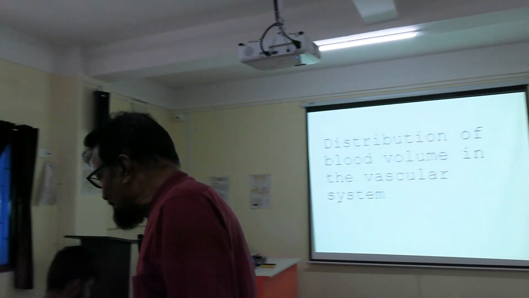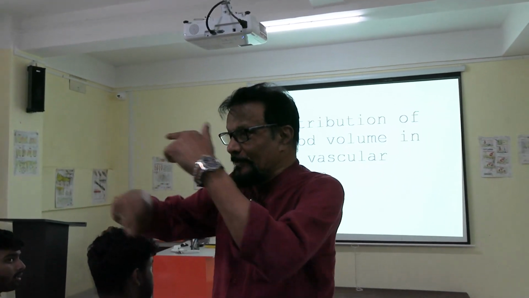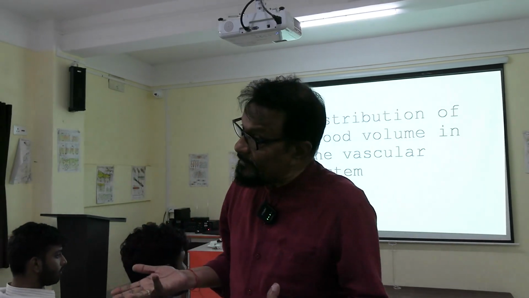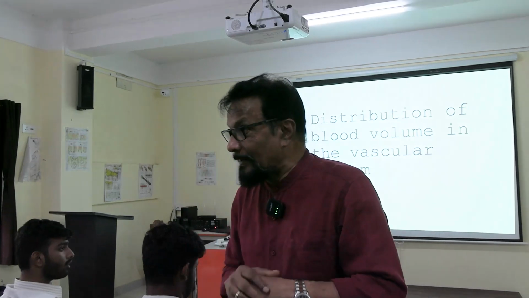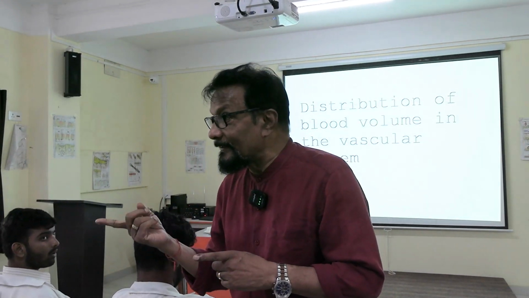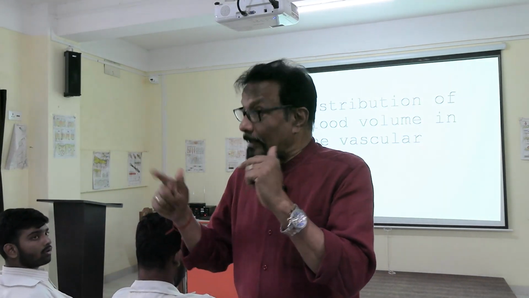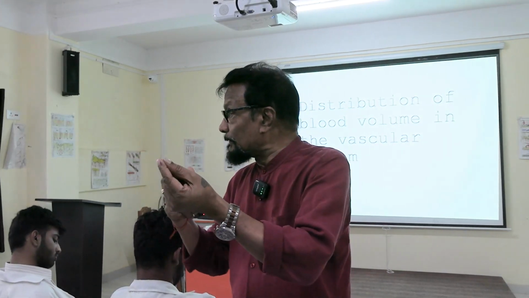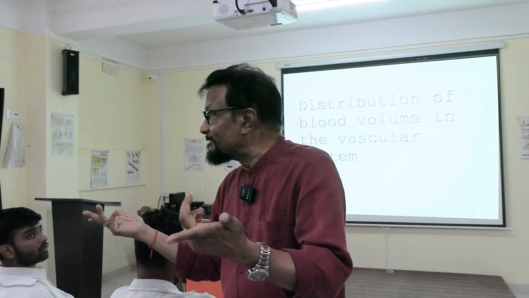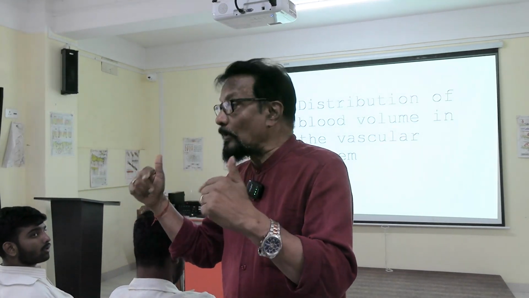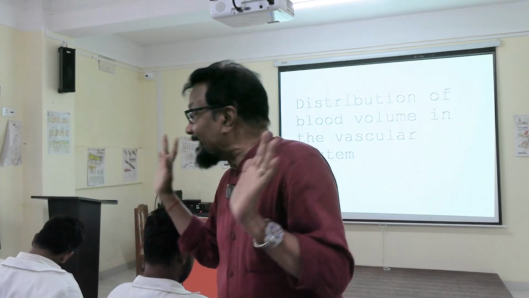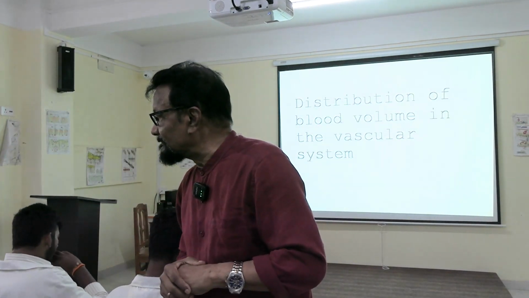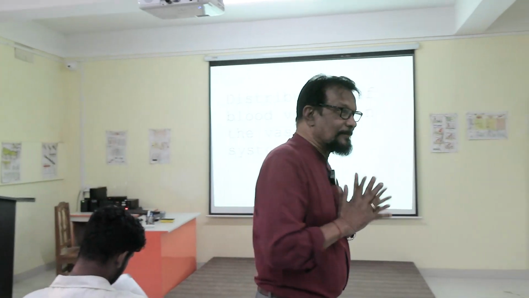In 1 minute you are circulating 5 liters. In one stroke you are sending 70 ml. Your heartbeat is 70, so in 1 minute there are 70 beats. In 70 beats, 4,900 ml means 4.9 liters, means 5 liters.